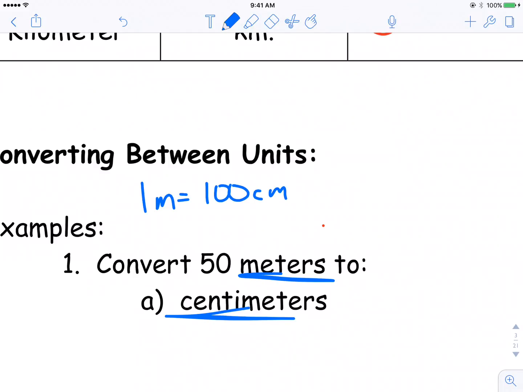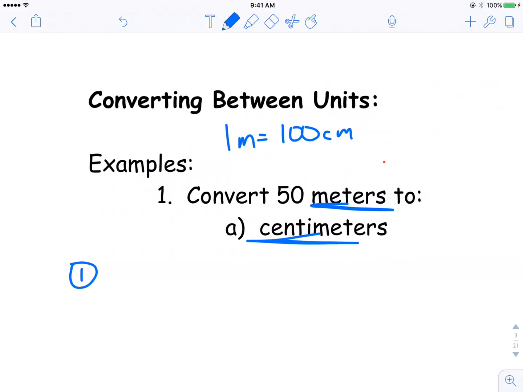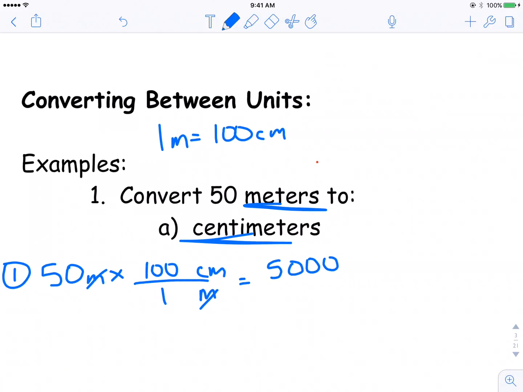So using conversion factors, I start with my 50 meters, and I multiply by a conversion factor making sure that my meters is on the bottom and my centimeters is on the top, so that my meters will cancel out. I know that 1 meter is 100 centimeters. Meters will cancel out. Multiply across the top gives me 5,000. Across the bottom just gives me a 1. I don't have to write it. I'm left with centimeters.